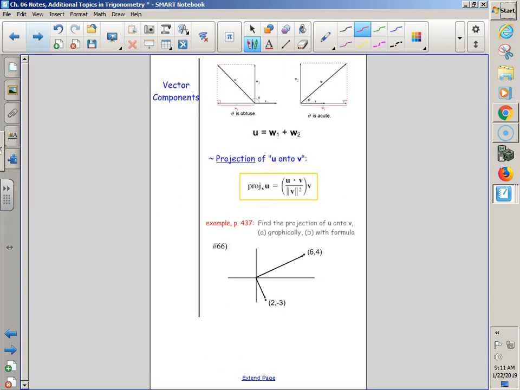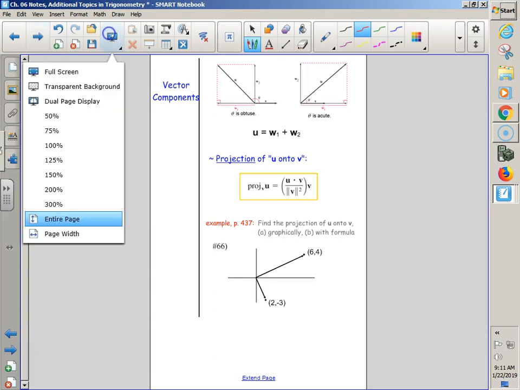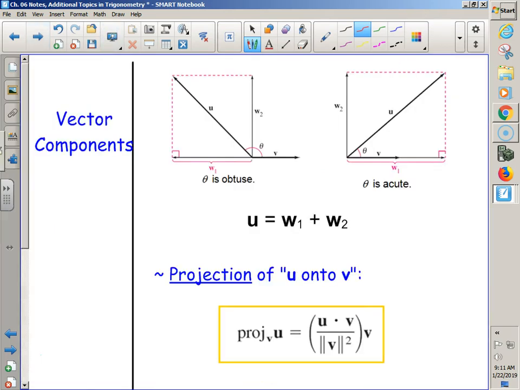Let's take this idea then and talk about the last application, which is kind of the most complicated, but we're not going to hurt our brains too much on it. The idea of projection. Let me go ahead and zoom in. In this picture, there are two different types of pairs of vectors, where theta is acute or theta is obtuse.